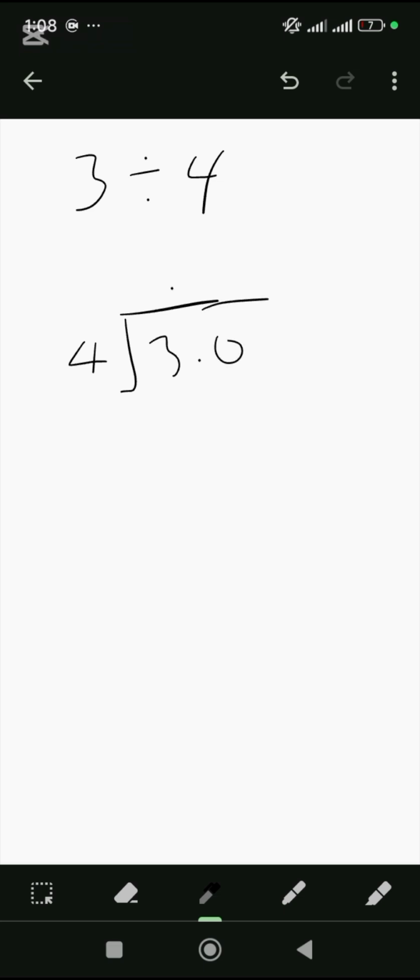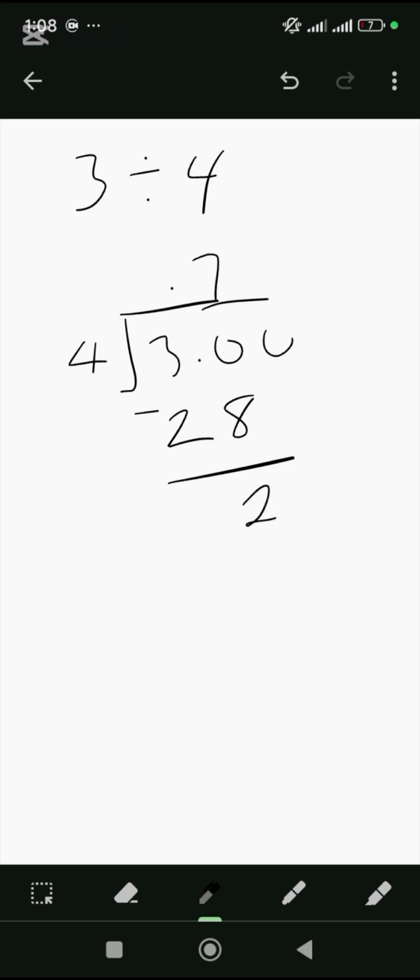Look at 3 divided by 4. Alright, you can have 3 here and 4, so that you can have 0 here and have a point here. Okay, look at this question. 4 into 30, how many times will 4 go into 30? That would be 7. You multiply 4 by 7, that would be 28. You can subtract these to give you 2.